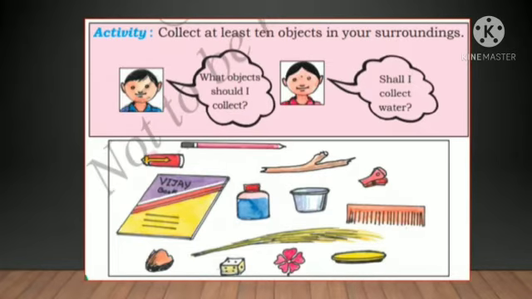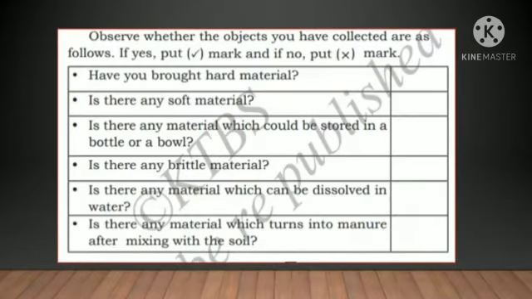Certain objects have already been given, like pencil, pen, book, a stick, an ink pot, then a broomstick, a flower, a dice, a plate, a clip, a comb, anything you can collect. Now on the next page, page number 131, observe whether the objects you have collected are as follows. If yes, put a tick mark, and if no, put a cross mark.